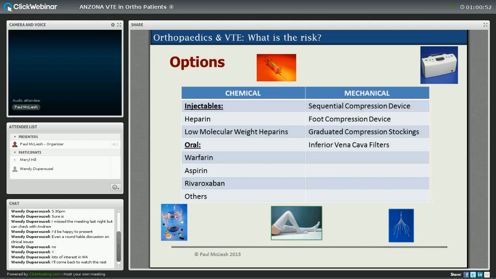The other option too is the inferior vena cava filter, which is sort of like a little spidery metal device that's put into the inferior vena cava when other methods of prophylaxis are not able to be used, and it's more of a physical barrier to the clot travelling to the respiratory circulation. So once the clot hits that, it stays there and doesn't travel further on. And obviously there's risks associated with that as well.